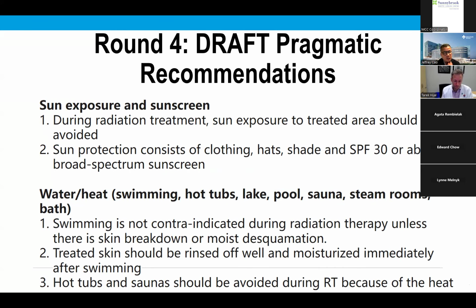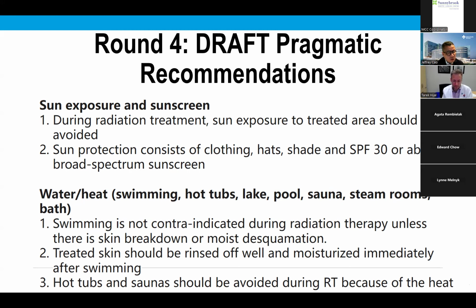Sun exposure: again, try to minimize sun exposure to the treated area with either proper clothing or use of broad spectrum sunscreen. Patients always ask us these practical, pragmatic things that there's no evidence for. There isn't a randomized controlled trial of patients undergoing breast radiotherapy that were randomized to swimming either in chlorine or in the lake as opposed to not, or going in the hot tub.